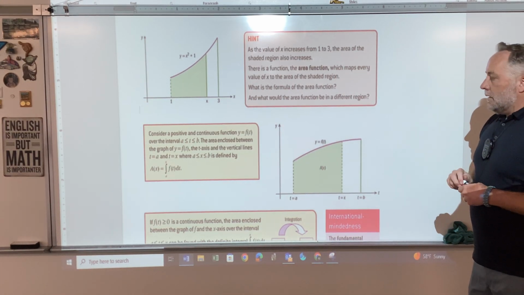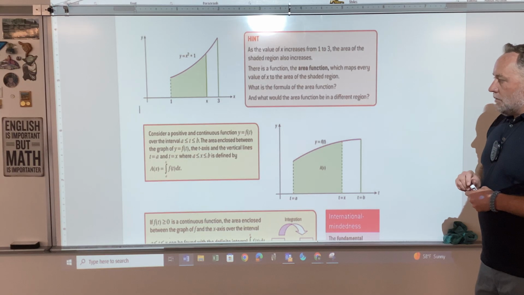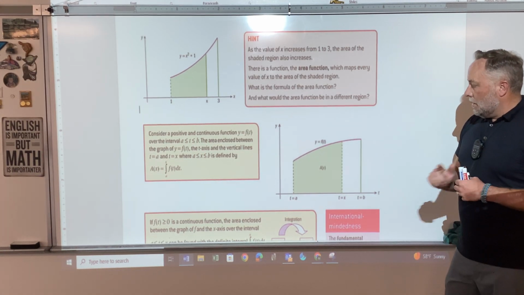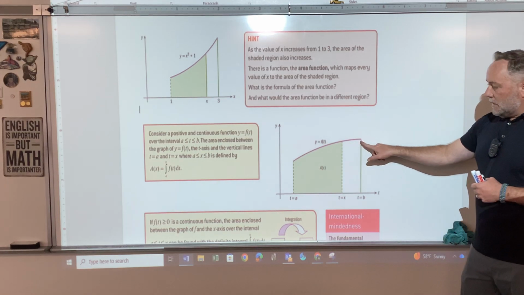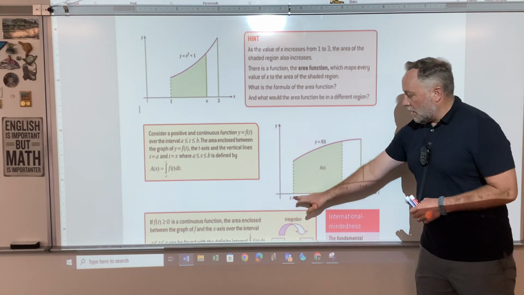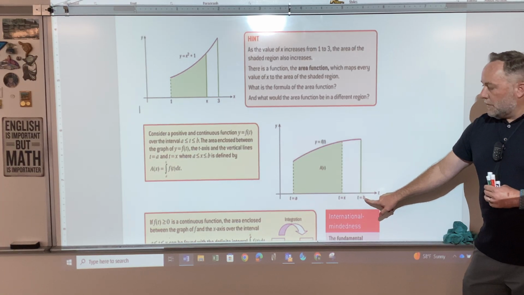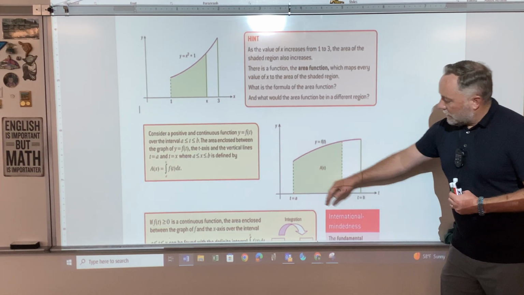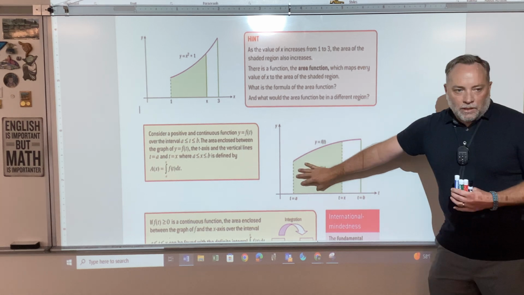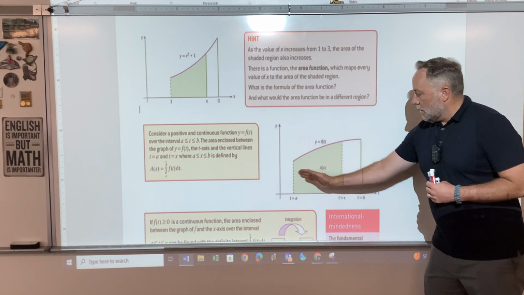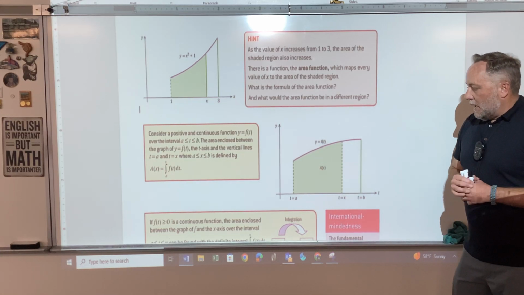And then a similar graphic is right here, where the function's different. You might have a function that looks like this, and you start at some value A, it could go all the way up to some value B. As this gets closer and closer to B, you're finding more and more area. So as long as you're taking as much of the area as you can, you've found the most.